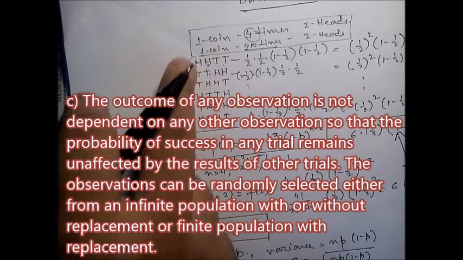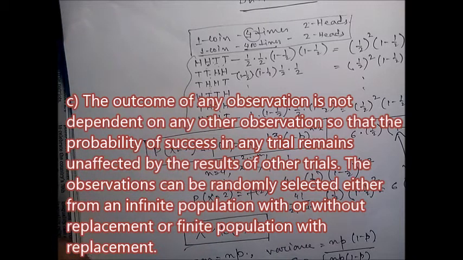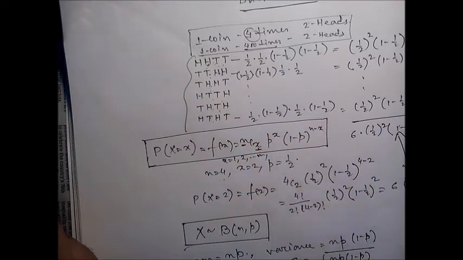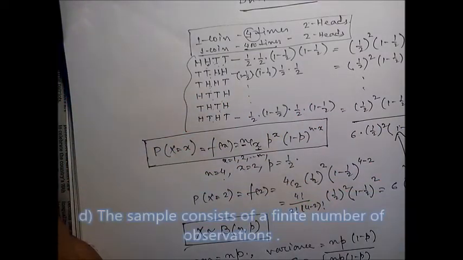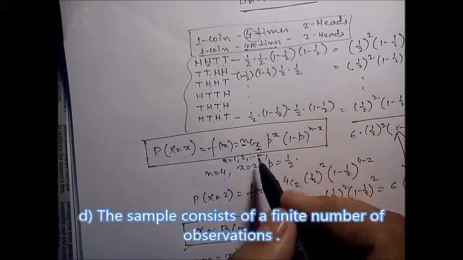So all are independent. The observations can be randomly selected either from an infinite population with or without replacement, or a finite population with replacement. The sample consists of a finite number of observations, n.